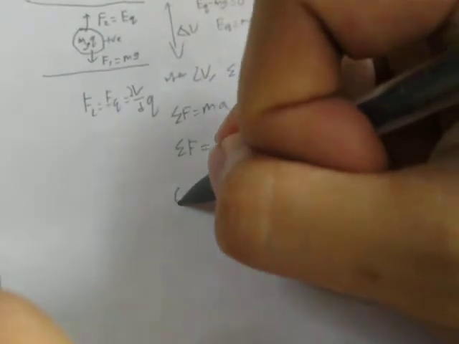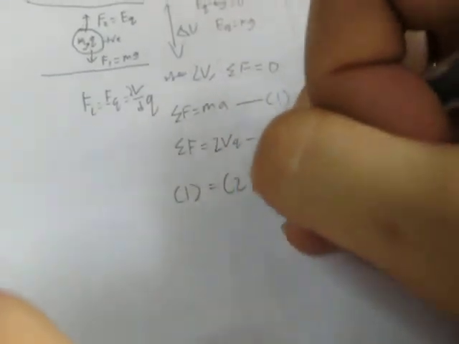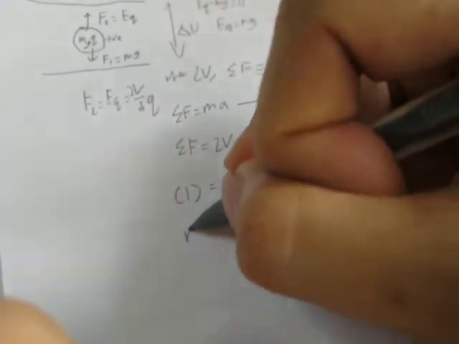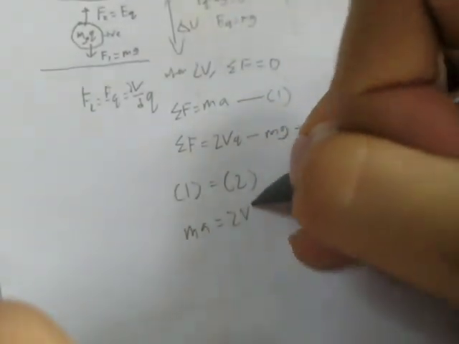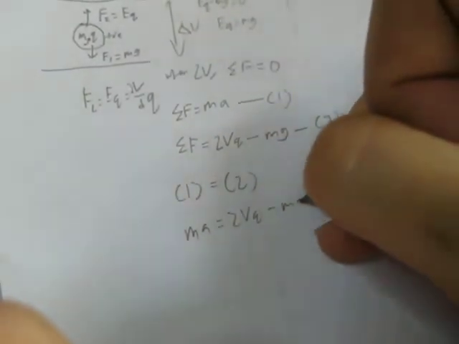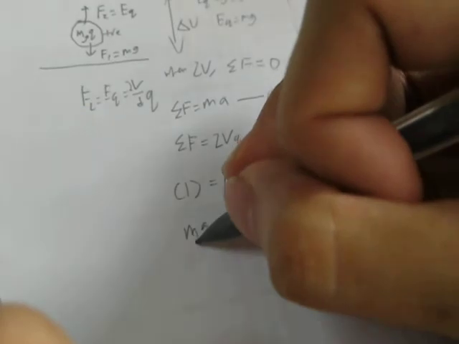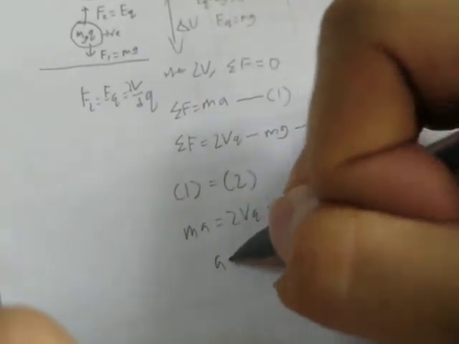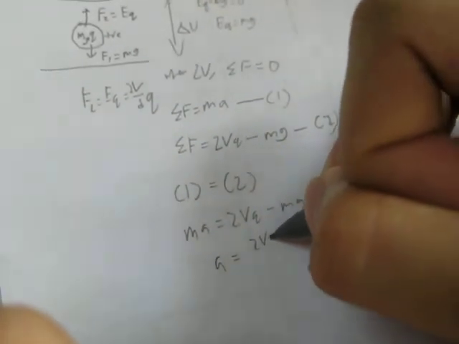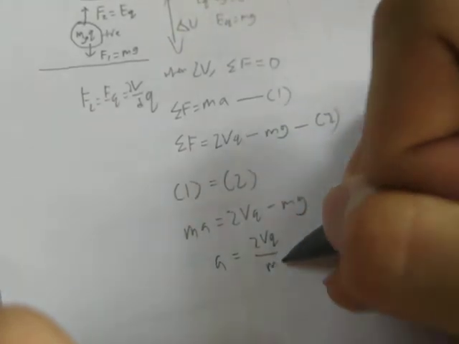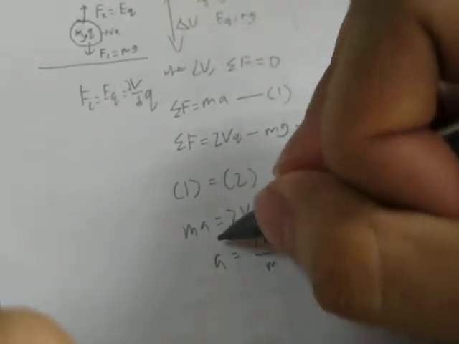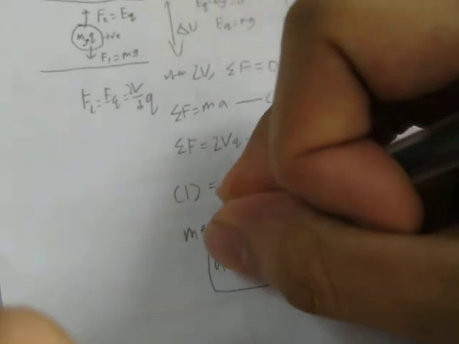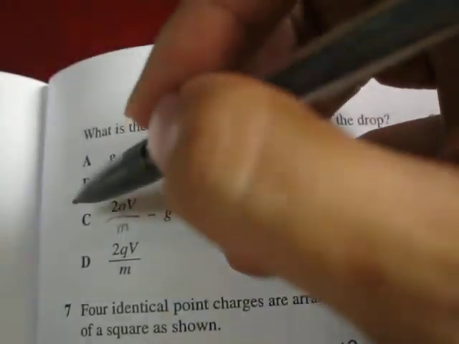Resultant force is the same, so ma equals 2Vq over d minus mg. I want to solve for a, so I divide throughout by m. a must be equal to 2Vq over md minus g. Okay? Right? And that is answer C, 2Vq over md minus g. C is your answer. Okay?